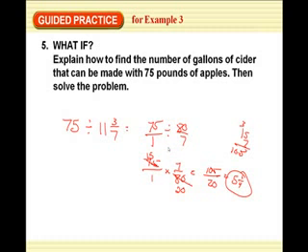Let me go back. Oh, let me check. Ooh, they got 6 9/16. Let's see here. 6. 5 carried the 3, 7, 8, 9, 10.